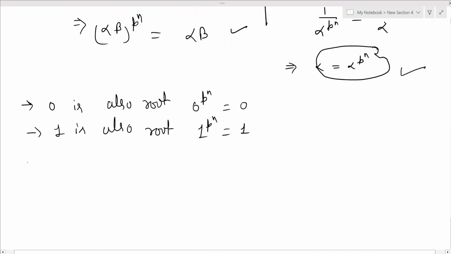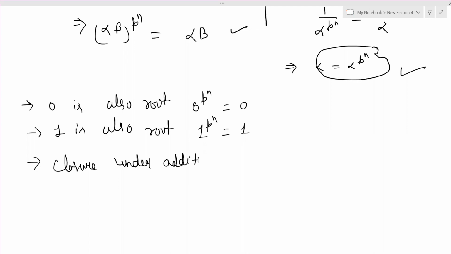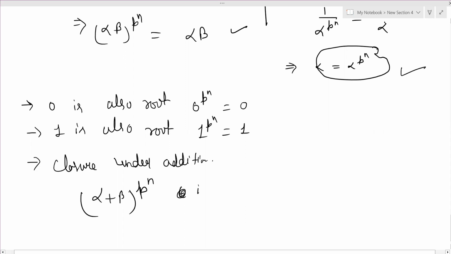Closure under addition, right? If alpha and beta are two roots, then alpha plus beta is also a root. You need to check this one.